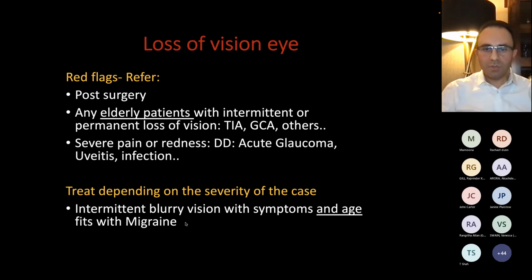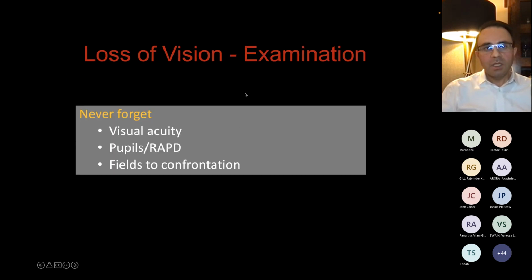However, they need to have previous history of migraine. And migraine usually can be in both eyes. However, sometimes it can affect one eye, but that's very rare. And it always comes after, I mean, there are symptoms and then it will be followed by headache, and it can affect the peripheral vision rather than central vision. So it has its own description, which I'm not going to go into details about.